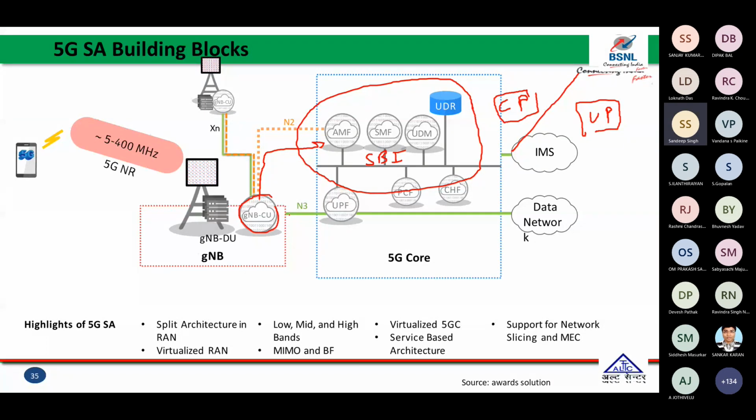These four interfaces, N1, N2, N3, N4, are important and are used in our call flow. Another interface is the SBI, the service-based interface, which we need not discuss.